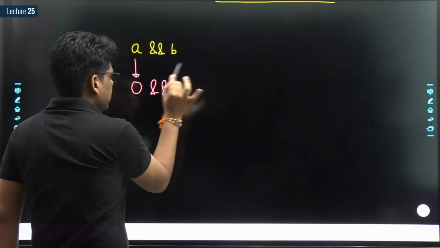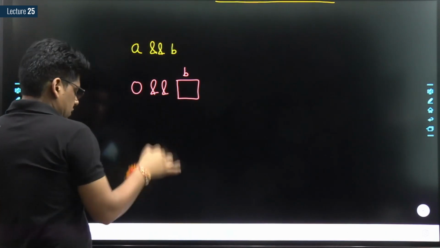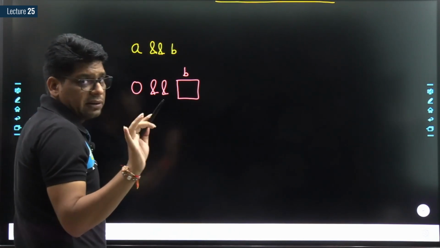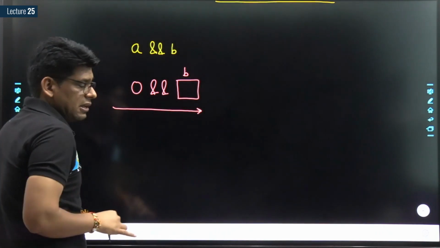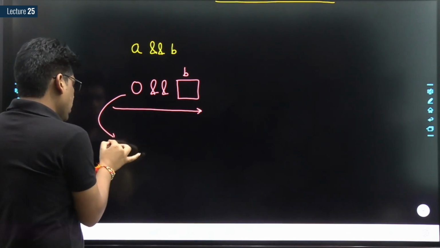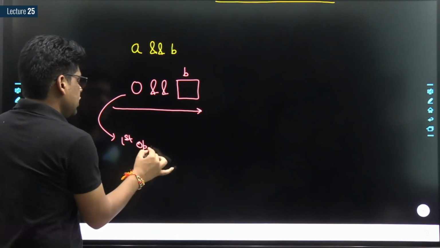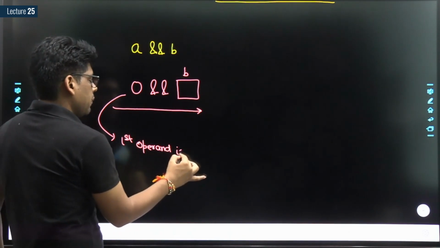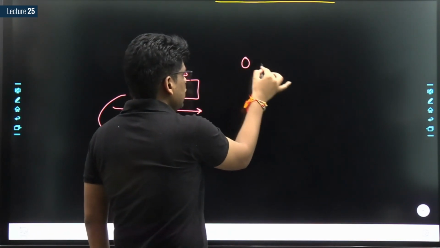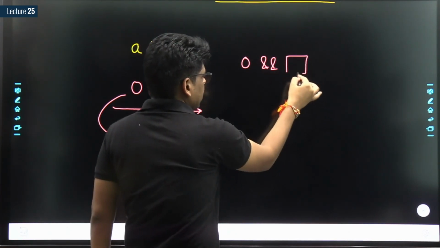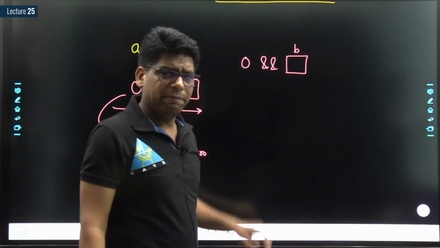Try to understand, if I know that the value of A is 0, think like a compiler. The compiler evaluates this like this: if the first operand is 0, tell me something, 0 and, let us suppose, B. Does it matter what the value of B is?